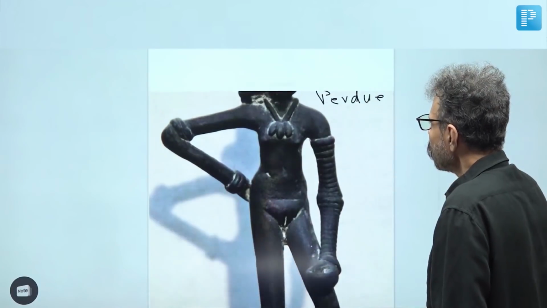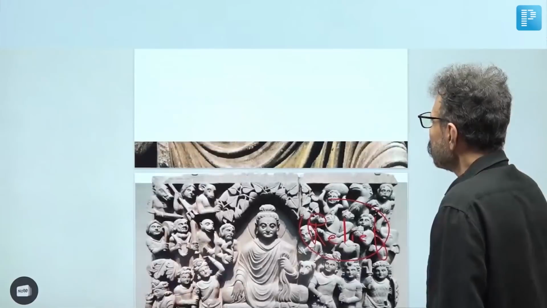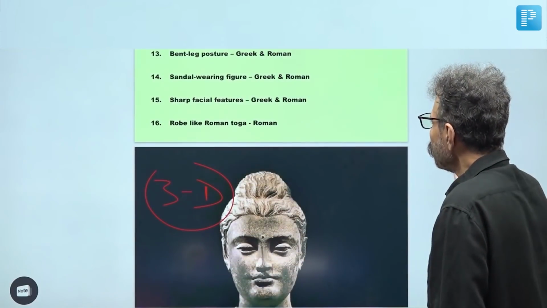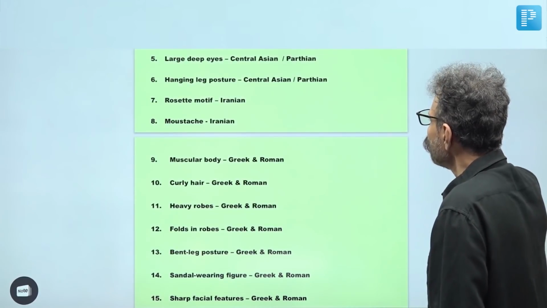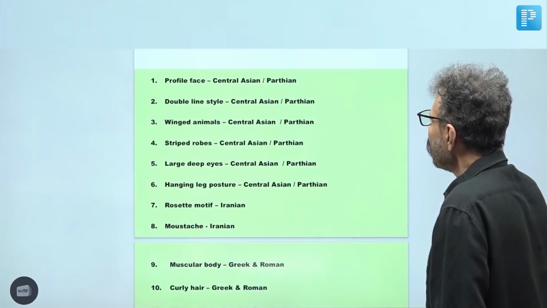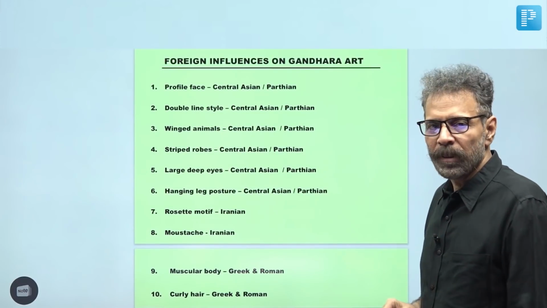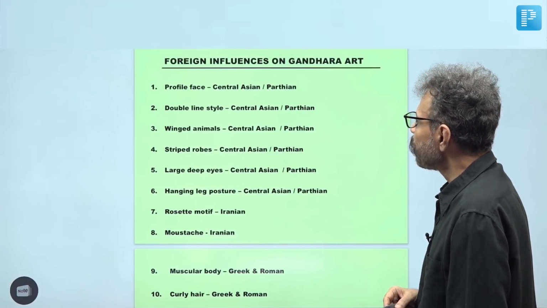And what is very remarkable, the foreign influences represent a variety. This means these influences are Greek influences, Roman influences, Iranian influences, Central Asian influences. So take a look, foreign influences on Gandhara art.